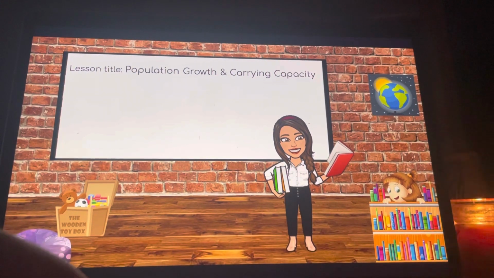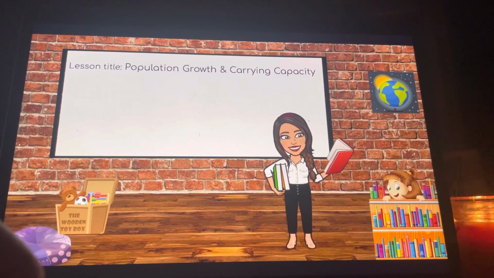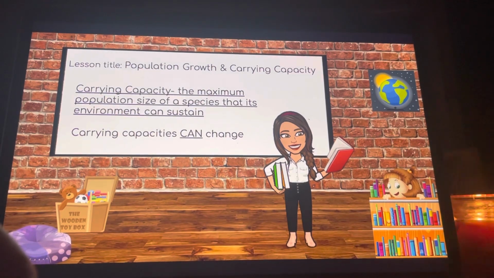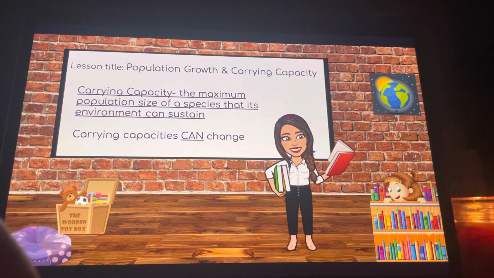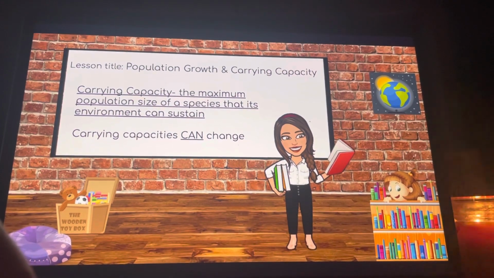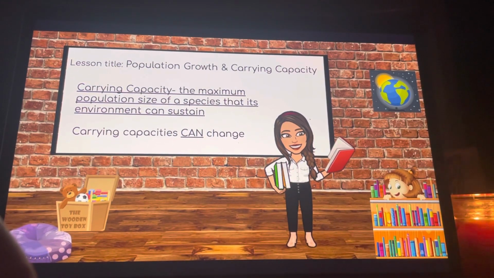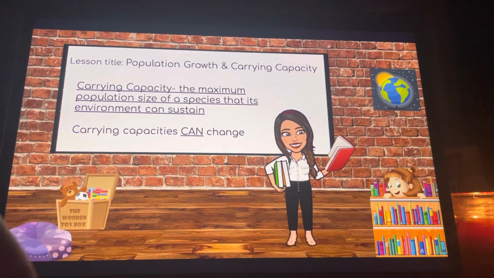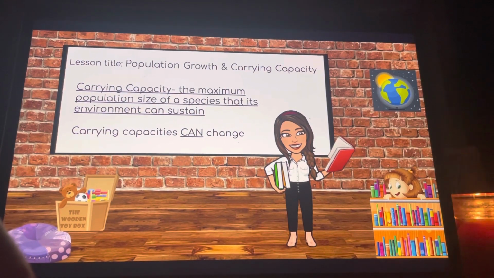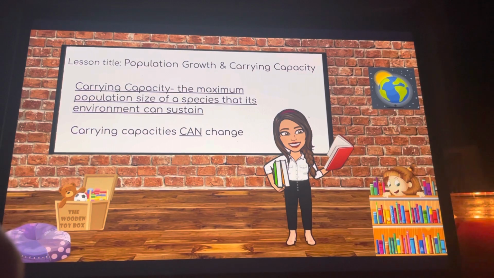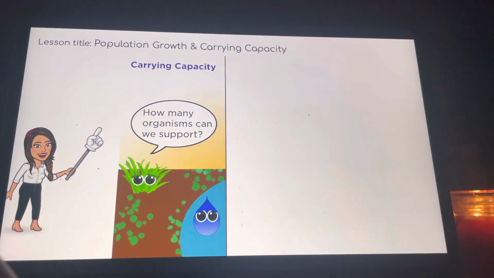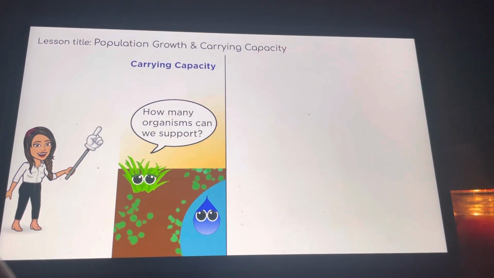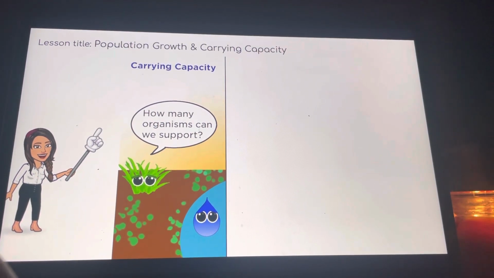Last but not least, within this lesson, we have carrying capacity. Carrying capacity is the maximum population size of a species that its environment can sustain, hold, or better yet, carry. You will also need to know that carrying capacities can change. Here you will see a small visual or cartoon based on carrying capacity and another viewpoint on it.